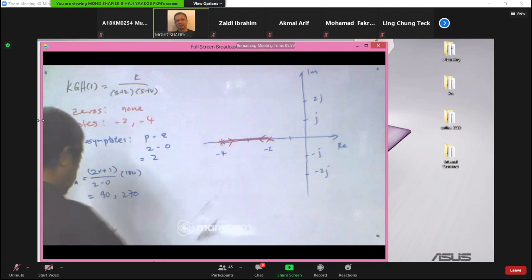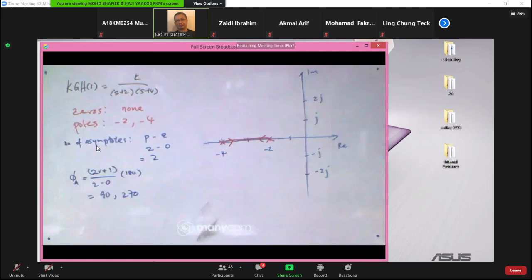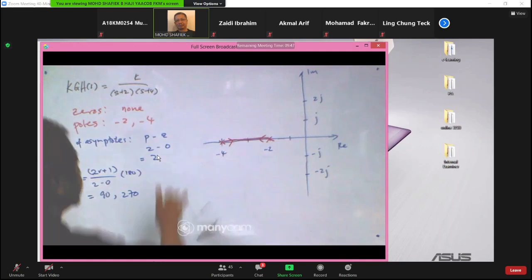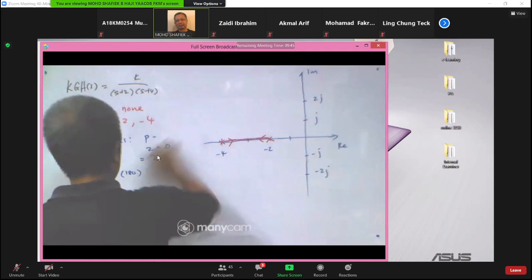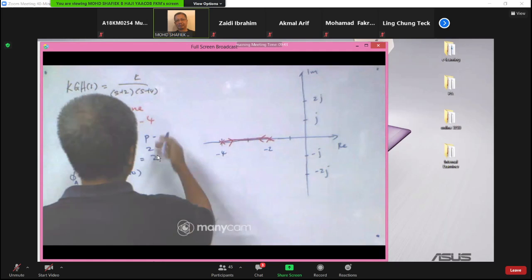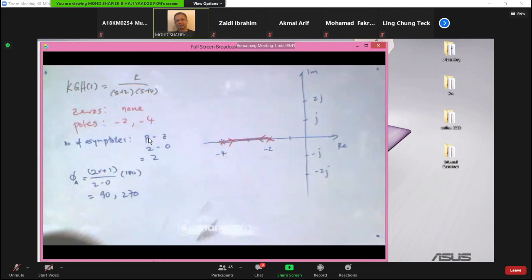All right, the number of asymptotes is equal to the number of poles minus the number of zeros. P is the number of poles, Z is the number of zeros. We have 2 poles minus no zeros, so we need to find 2 asymptote lines.